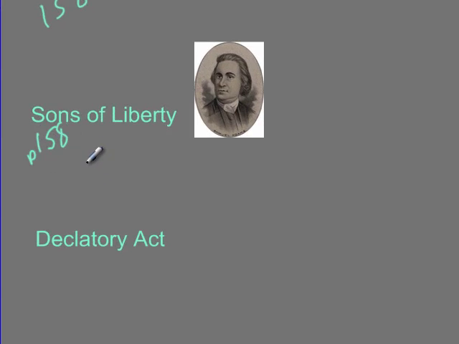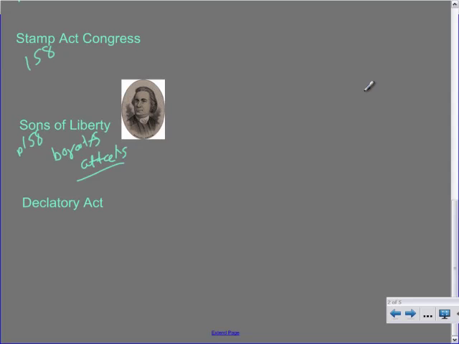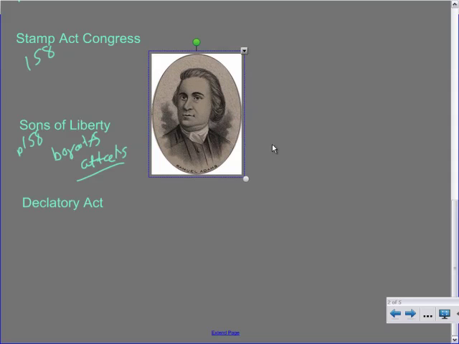They're going to be doing boycotts, and they're going to be attacking people, attacking customs officials, to make them not want to collect the taxes. This is Sam Adams. He's one of the leaders of the Sons of Liberty. And they're boycotting things, and boycotts are really effective because British companies lose money, and that puts pressure on the British government and all this kind of stuff.